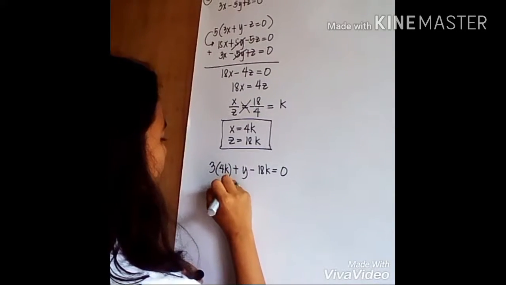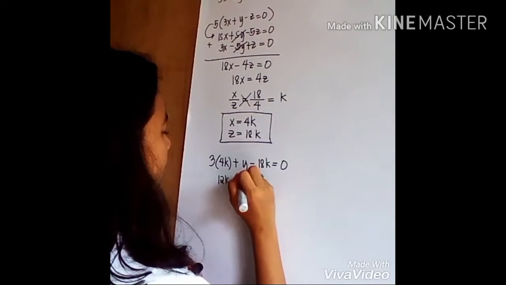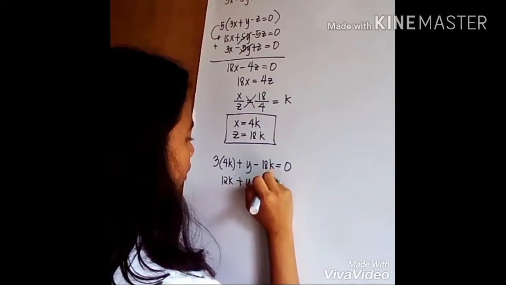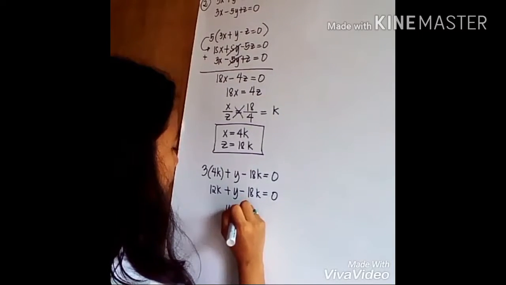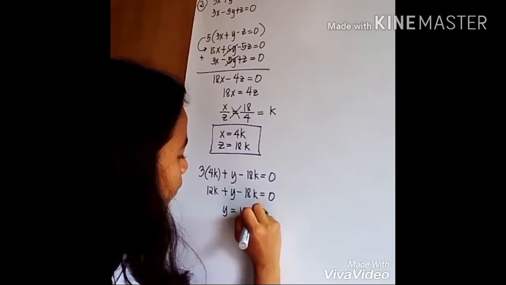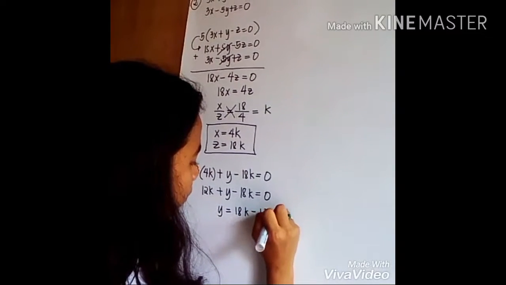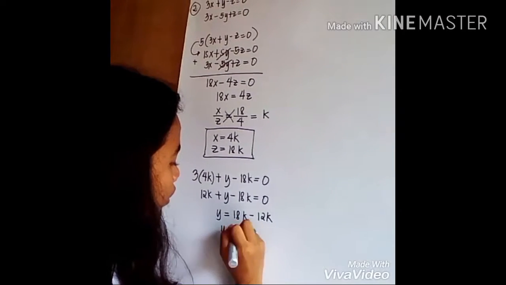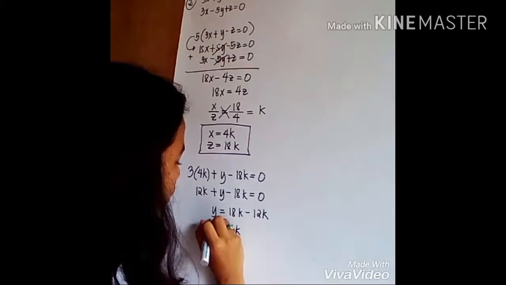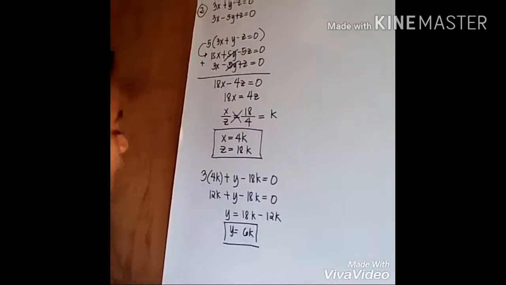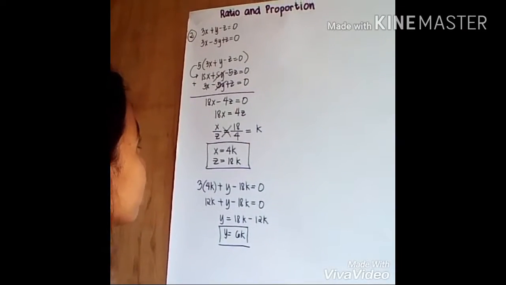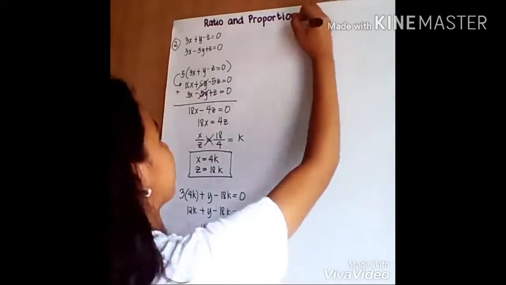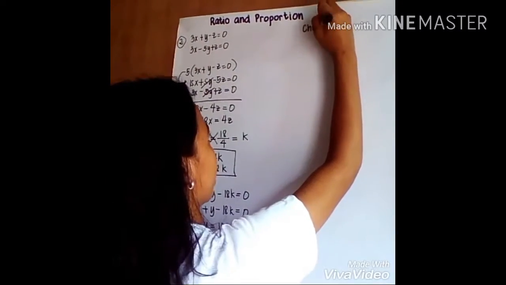So 12k plus y minus 18k is equal to 0. So y is equal to 18k minus 12k. Y is equal to 6k. So we find also the y. To see if our answers are correct, let's check.